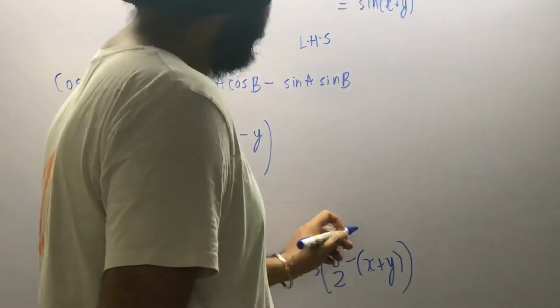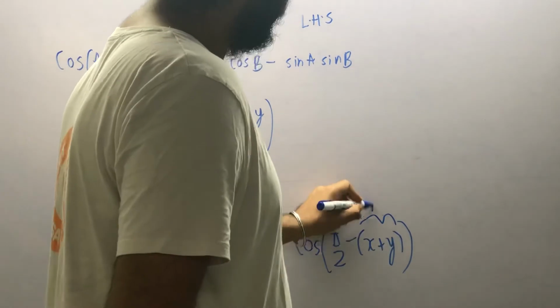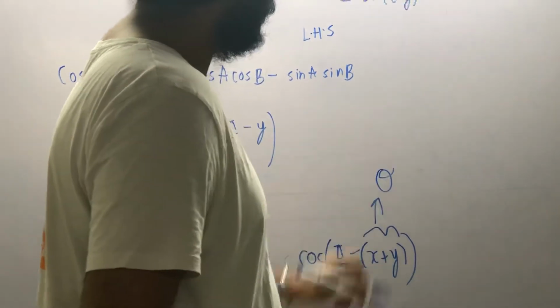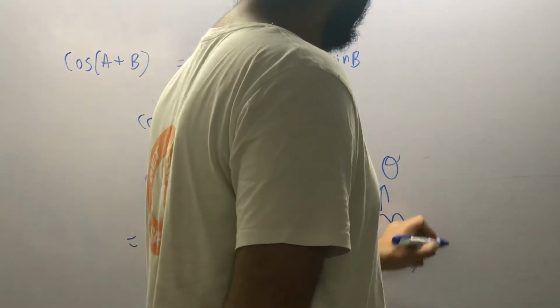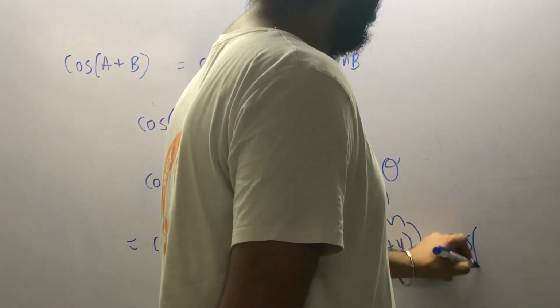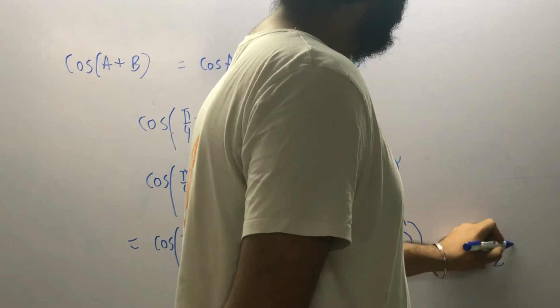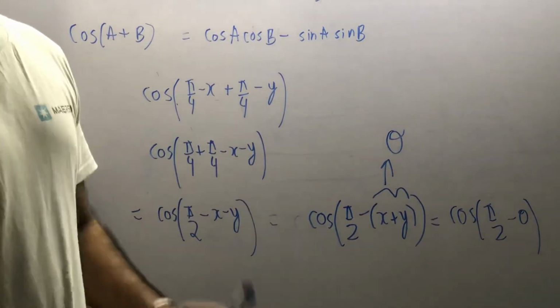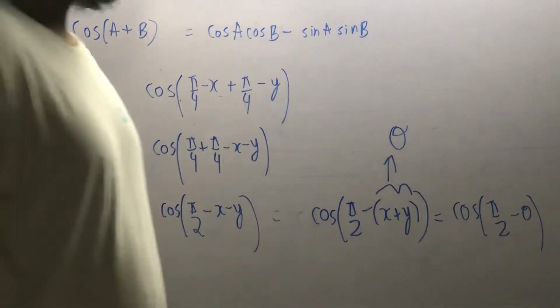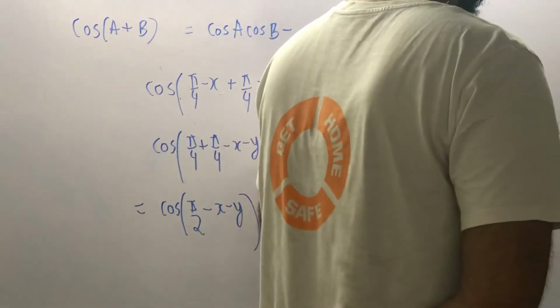Okay, now what is the significance? What can you do with this x plus y? I will assume this x plus y as theta. Okay, what does the question look like now? It looks like cos pi by 2 minus theta. Okay, and we have proved this using the identity. Cos pi by 2 minus theta is how much? Sin theta.